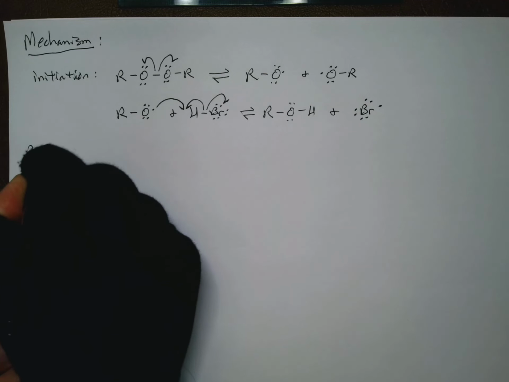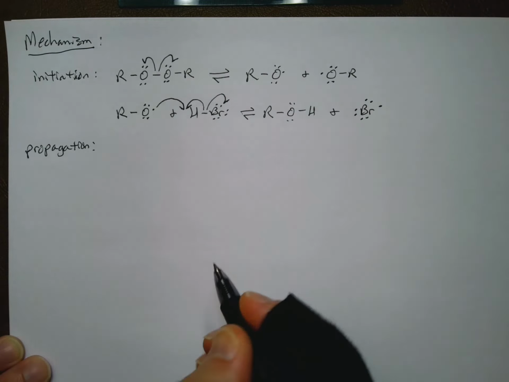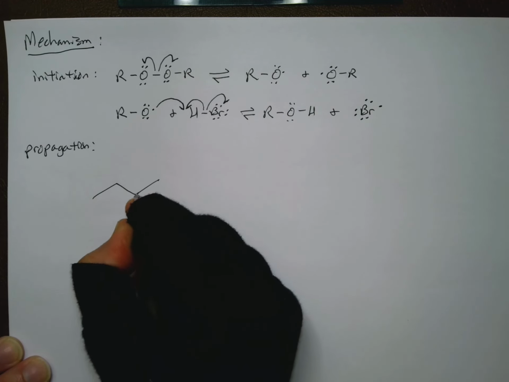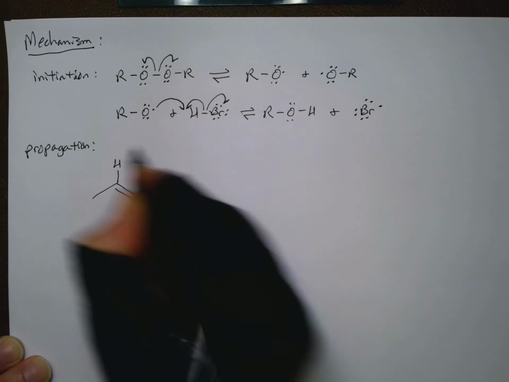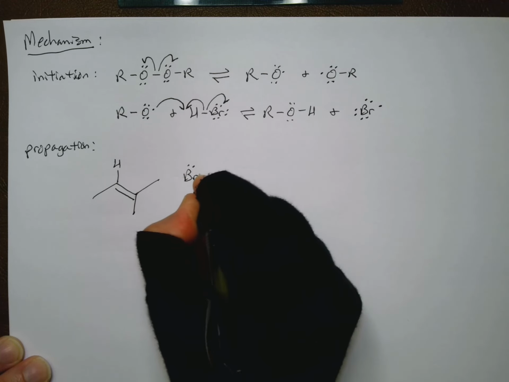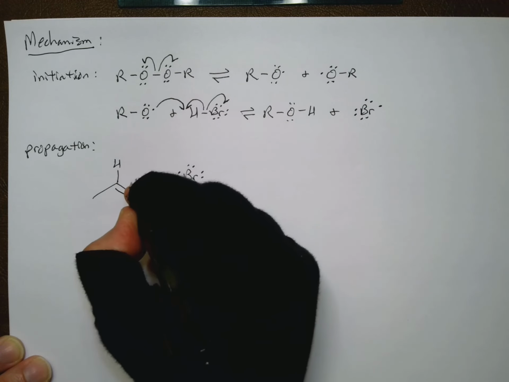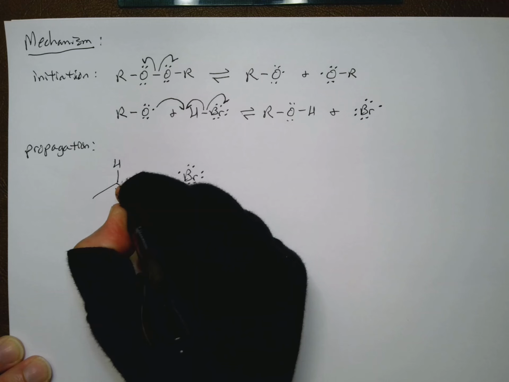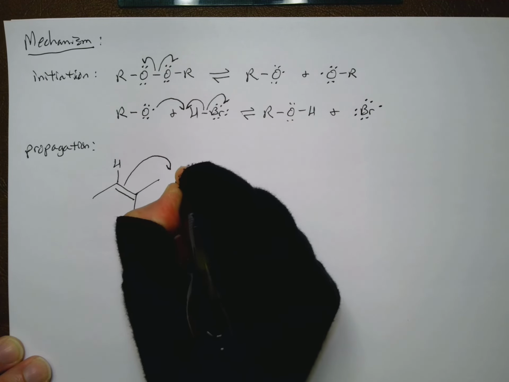Then we have propagation. Let's go ahead and draw out this guy here. I'll put a hydrogen there. And so I'm going to have Br dot. And so I'll have one electron from this bond coming to make a new bond with the bromine.